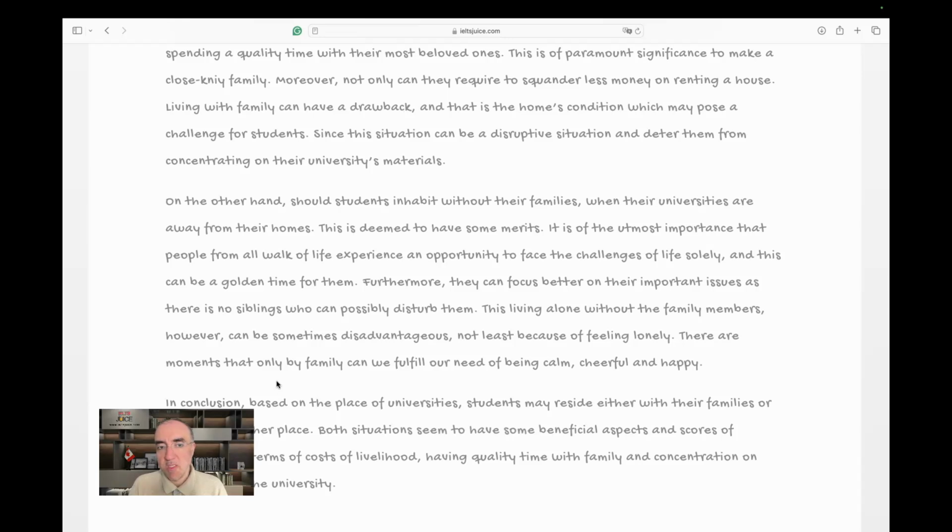There are moments that only by family can we fulfill our need of being calm, cheerful, and happy. I guess it's like there are moments when only by family can we fulfill our need to be calm, cheerful, and happy. And I need a comma here. That makes sense. But again, this is one drawback.